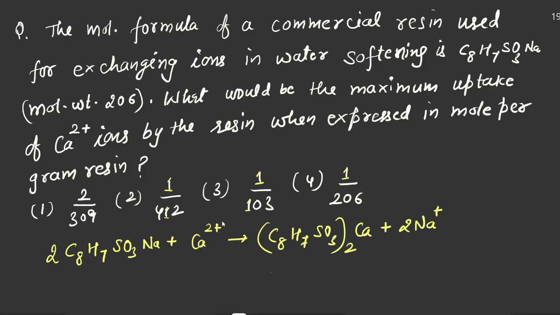See, the question is the molecular formula of a commercial resin used for exchanging ions in water softening is given. It is C8H7SO3Na and its molecular weight is 206. So what would be the maximum uptake of calcium 2 plus ions by the resin when expressed in mole per gram resin? That is the question, right?